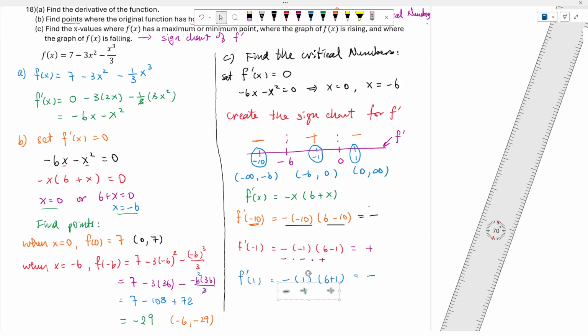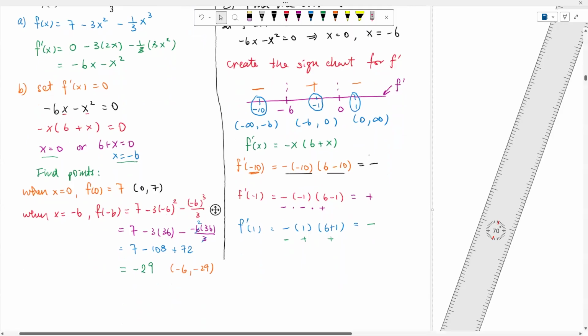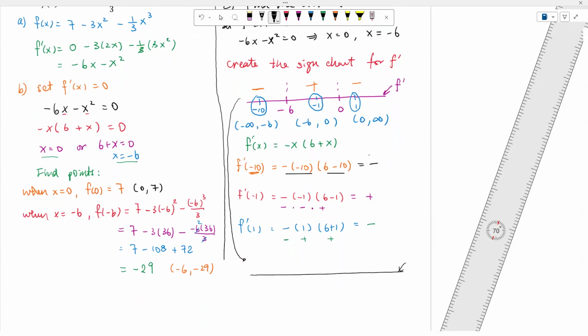And how do we relate this sign chart to the function? If we look back at the function, I label the critical numbers negative 6 and 0. Remember, if f prime is negative, the function f is decreasing. If f prime is positive, the function f is increasing.